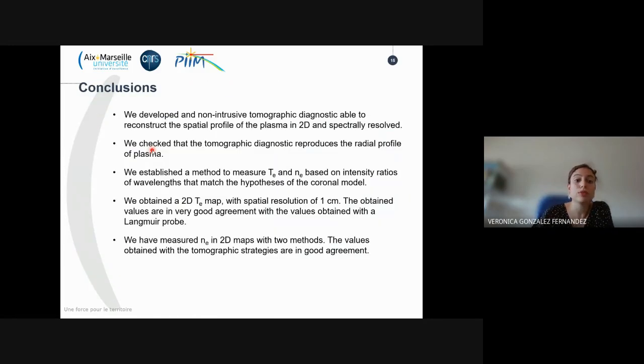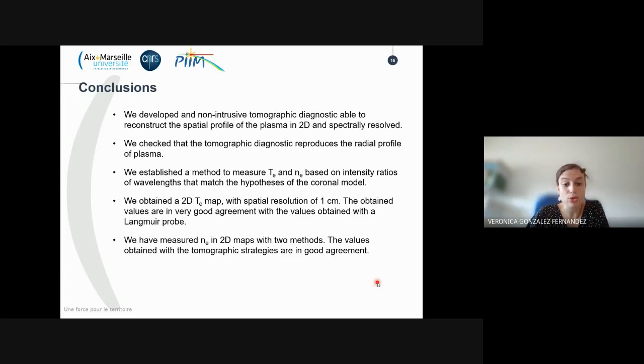So finally, I would like to present the conclusions. We developed a non-intrusive tomographic diagnostic able to reconstruct the spatial profile of the plasma in 2D and spectrally resolved. We checked that the tomographic diagnostic reproduces the radial profile of the plasma. We established a method to measure the electronic temperature and density based on the intensity ratios of wavelengths that match the hypothesis of the coronal model.